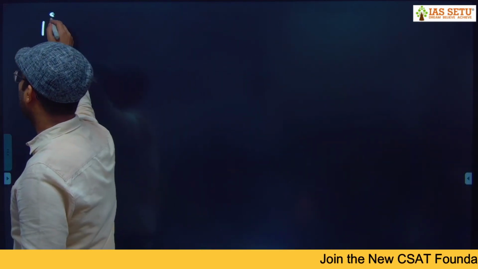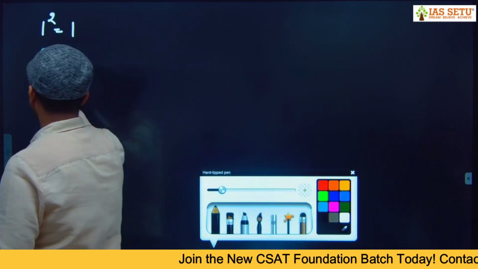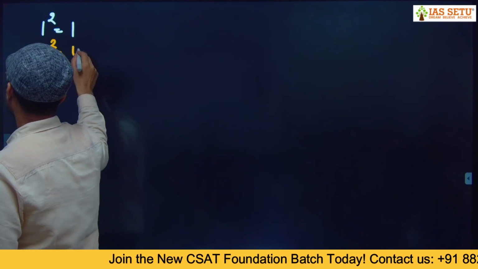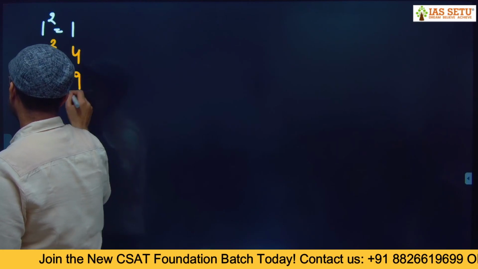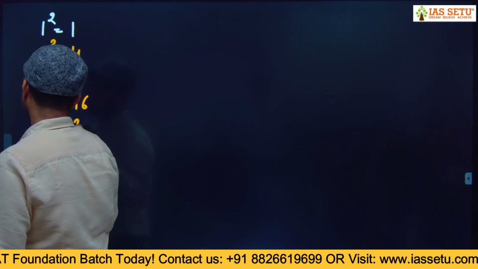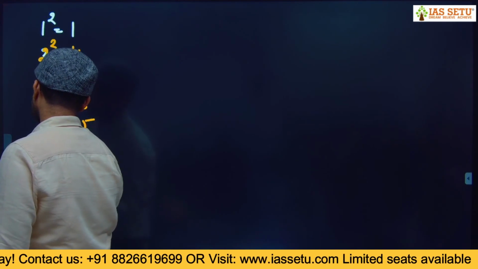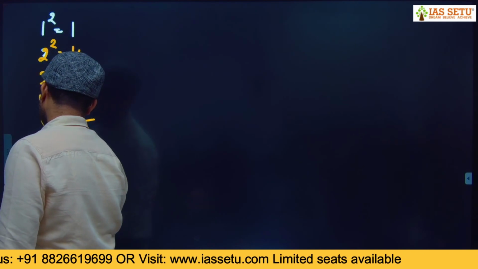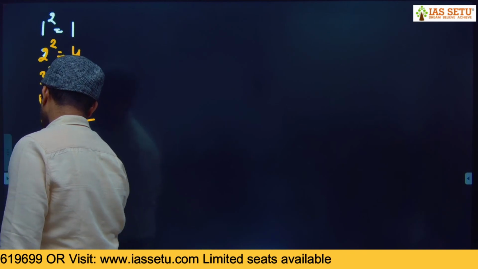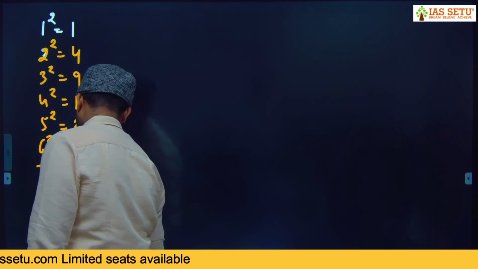I write 1 square 1, 2 square 4, 3 square 9, 4 square 16, 5 square 25, 6 square 36, 7 square 49, 8 square 64, 9 square 81, 10 square 100.